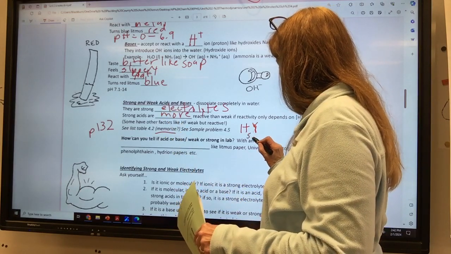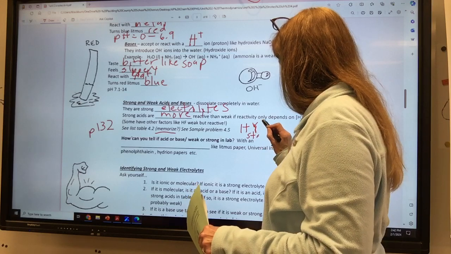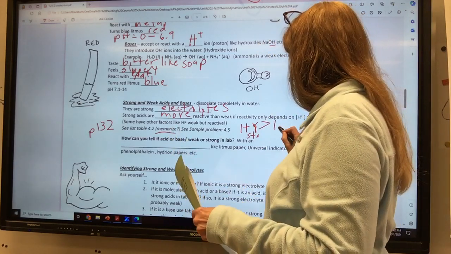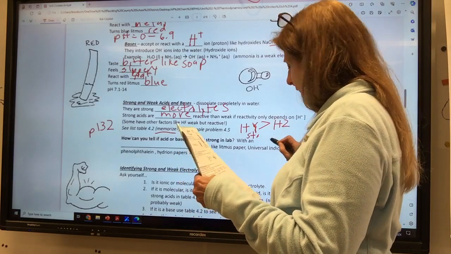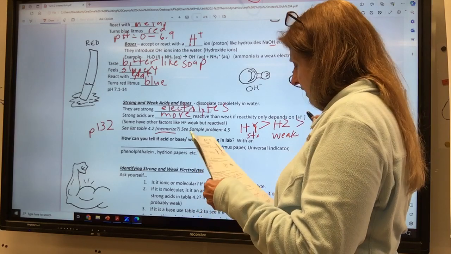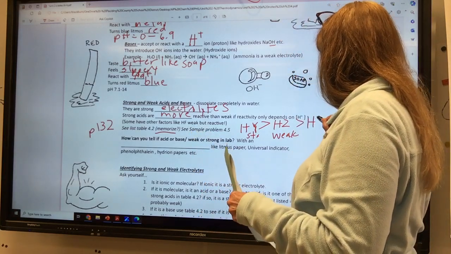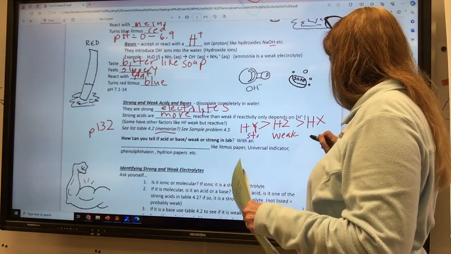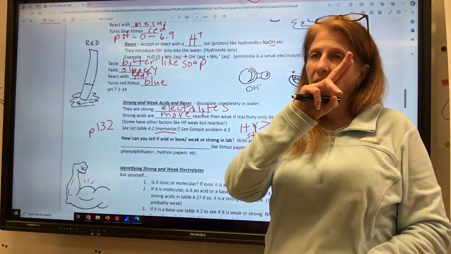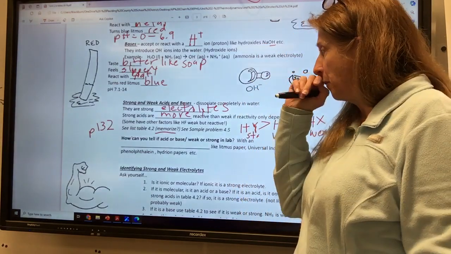So if you've got your book open, look at that little thing. So that is greater than HZ, which is weak, not very dissociated, and HX is even weaker, even less dissociated. What they would expect you to do is just count how many of them are stuck together and how many of them have come apart.